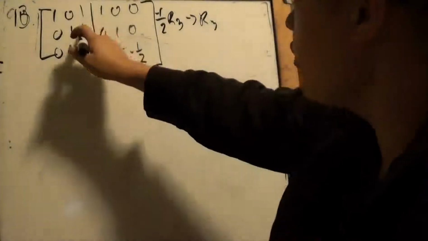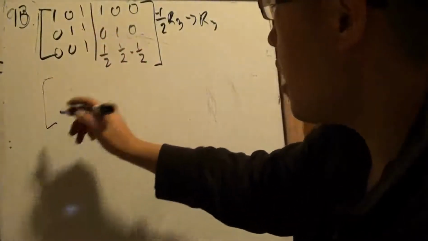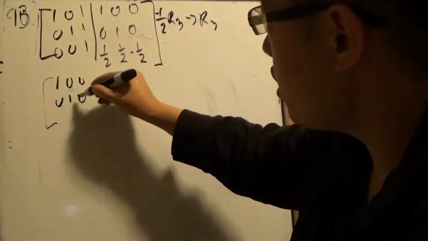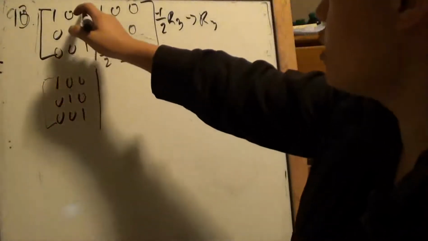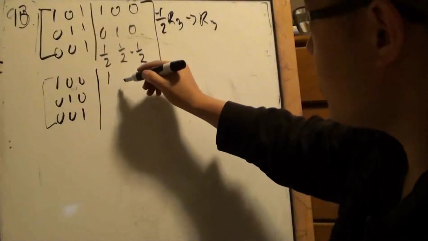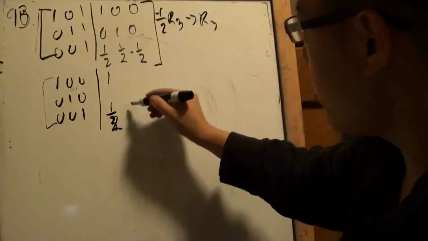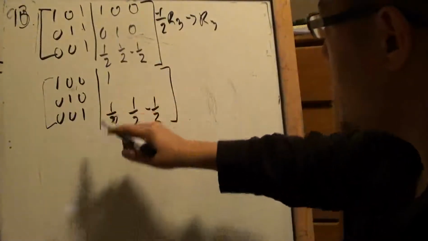So we're getting very close. I just want to get rid of these two competitors for the leading coefficient on the third row. I am going to have 1, 0, 0, 0, 1, 0, 0, 0, 1. I can just predict right now because it's 1, 1, 1, so I can get rid of all the ones. Maybe not the best, not a good habit, but whatever. The third row is unaffected, so it stays the same.